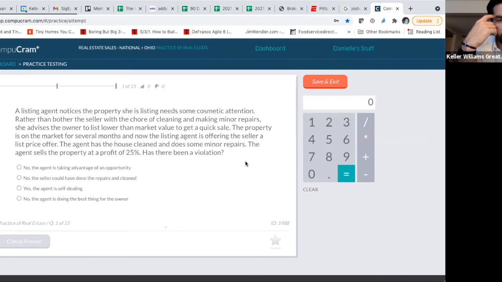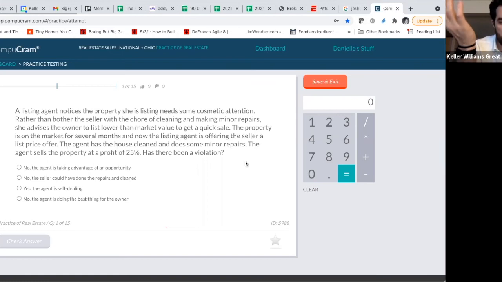The agent has the house cleaned, does some minor repairs. The agent then sells the property for a profit of 25%. Has there been a violation? A, no, the agent is taking advantage of an opportunity. B, no, the seller could have done the repairs and clean. C, yes, the agent is self-dealing. Or D, no, the agent is doing what's best for the owner.